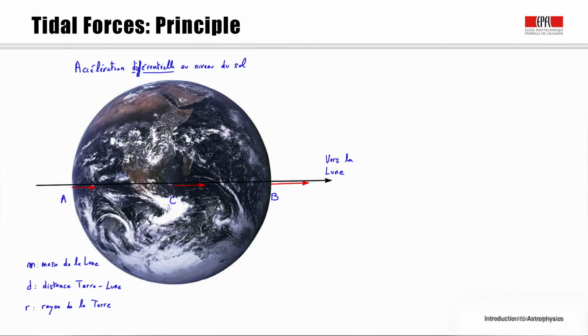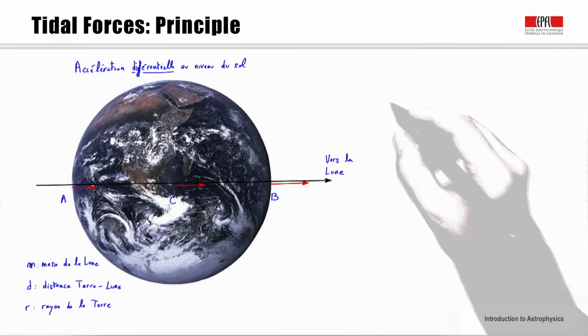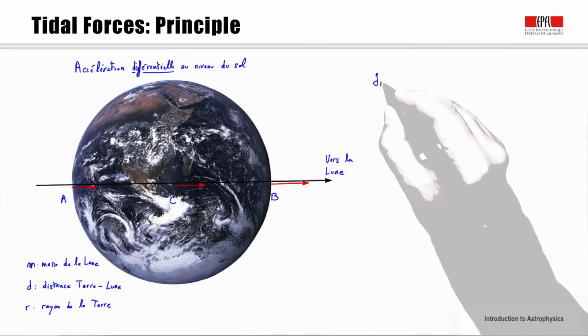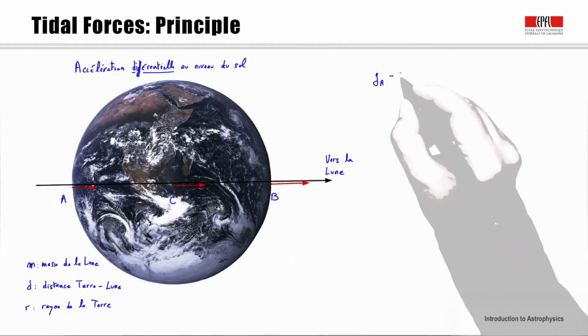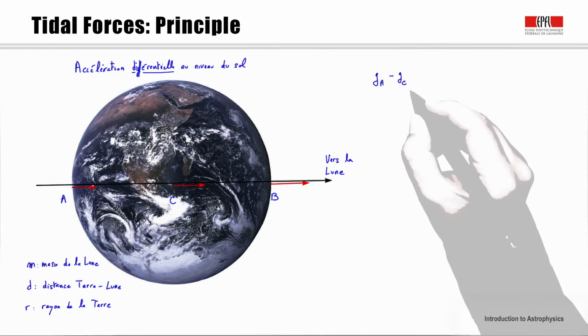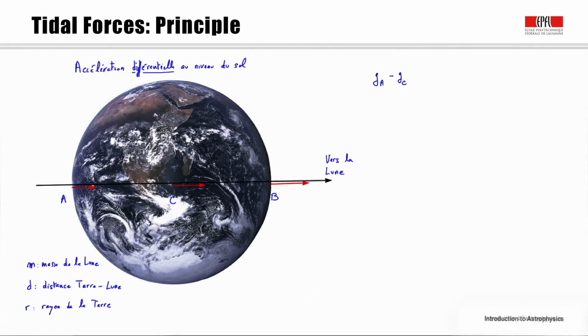Now, we look for the Moon's differential gravitational field at a given point with regard to the same gravitational field at a different point. It means that we look for the gravitational field G caused by the Moon at the point A minus G caused by the Moon at C. For example, GA minus GC can be represented using vectors.